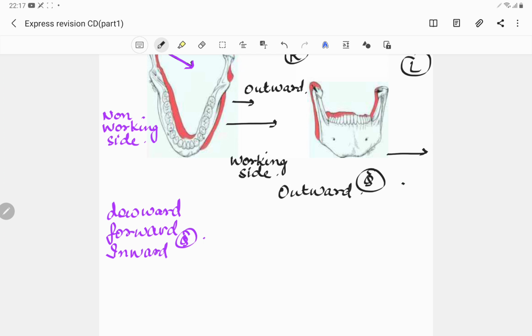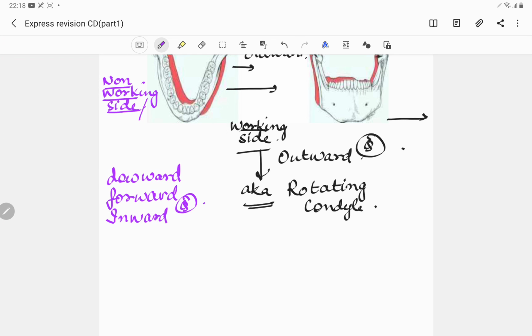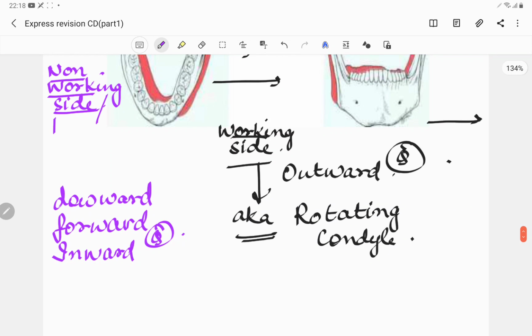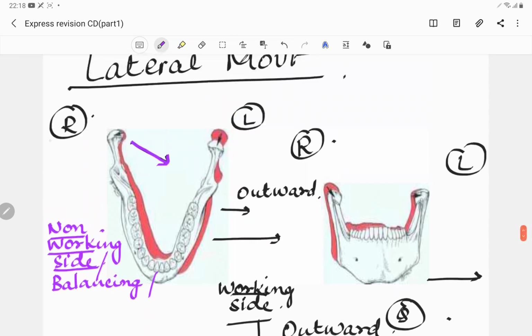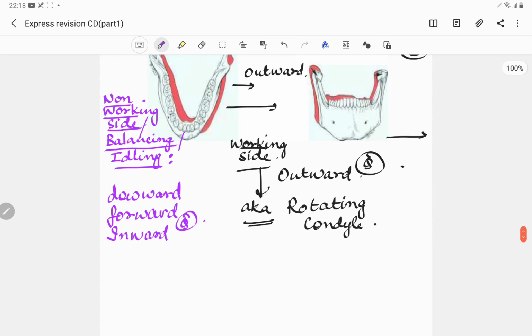The working side is also known as the rotating condyle. The non-working side is also known as the balancing side, because it is going to balance the jaw. The balancing side is also known as the idling side. So this is the lateral movement.